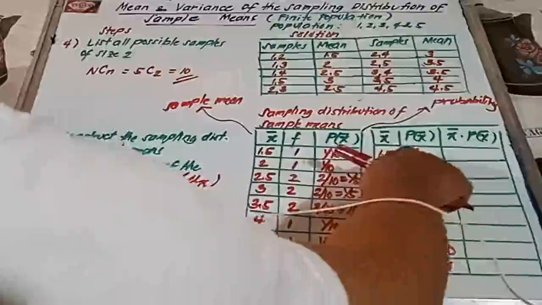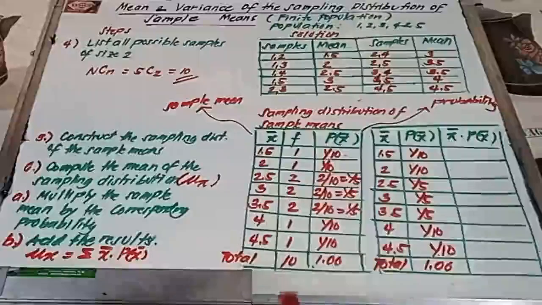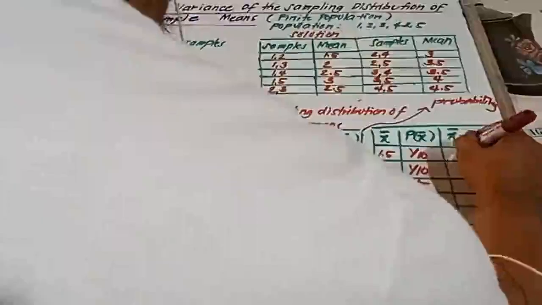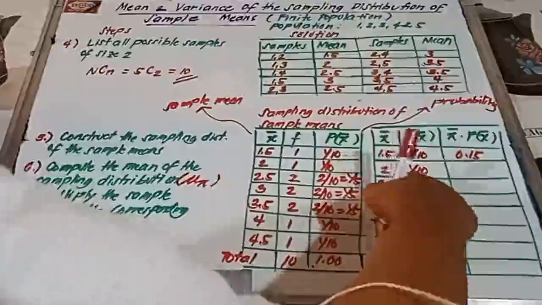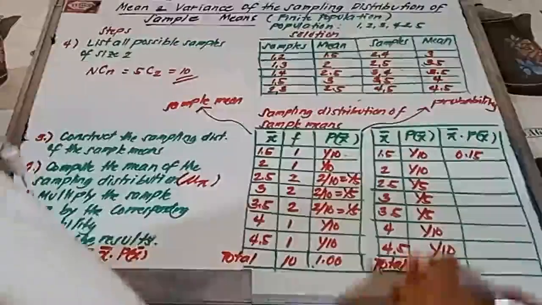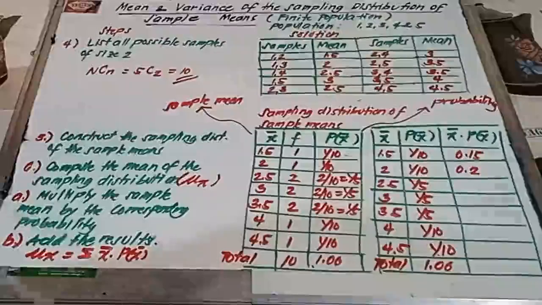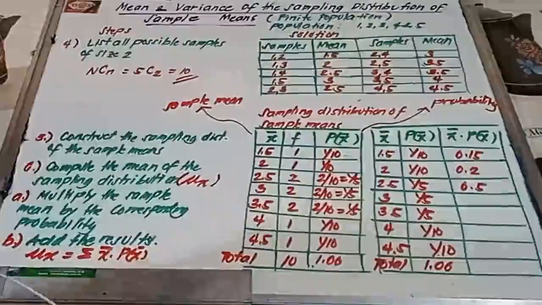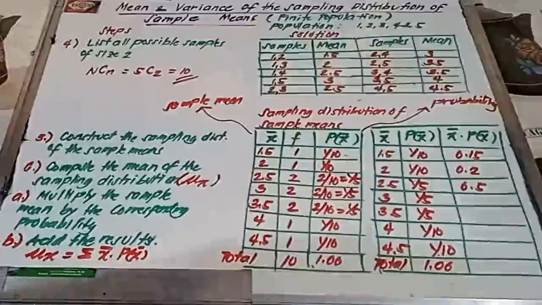Now, multiply natin. That is 1.5 times 1 over 10. That is equal to 0.15. And then, this is equal to 0.2. This is equal to 0.5. This is equal to 0.3.